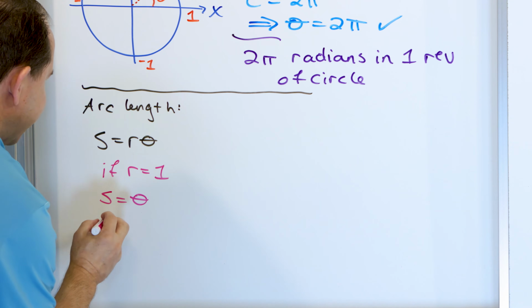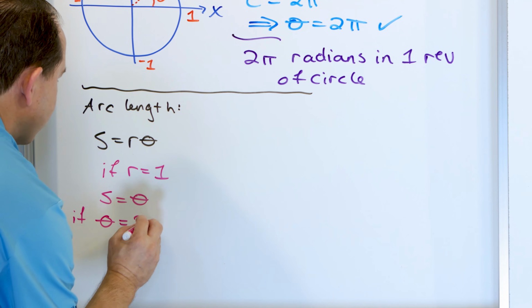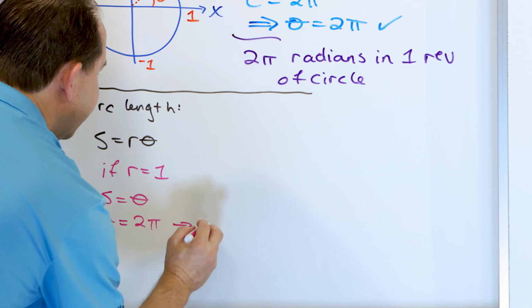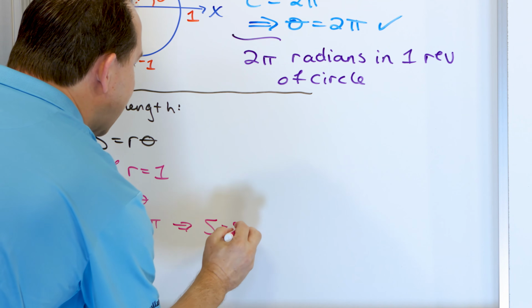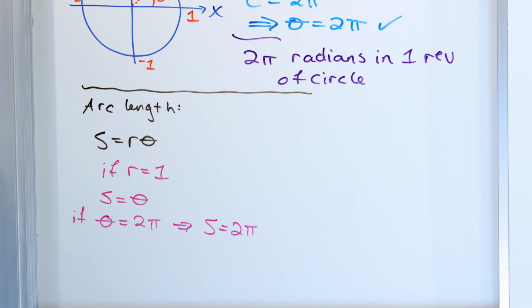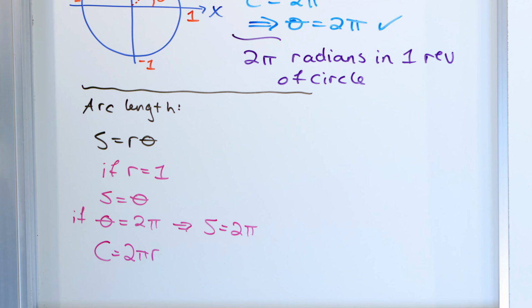And then we already said if theta becomes 2 pi radians, then the arc length, which is all the way around the circle, is going to be 2 pi, which is exactly the same thing as the circumference, which is 2 pi r. And when the radius is 1, then the circumference is 2 pi. So you see, it all makes sense.